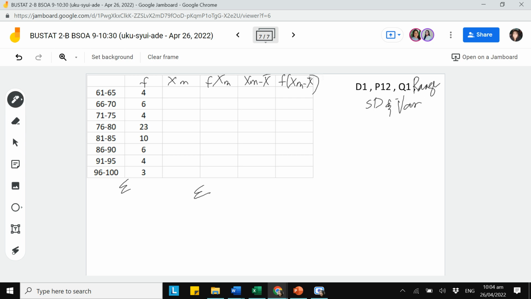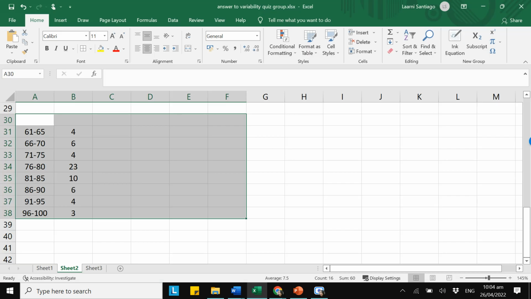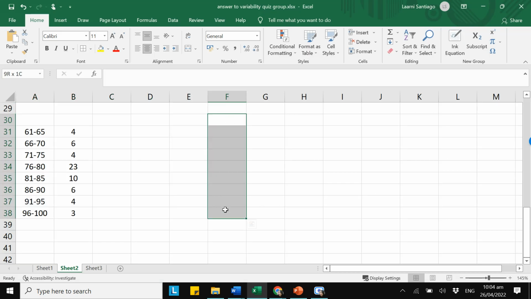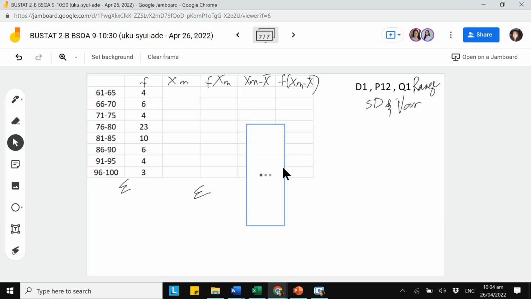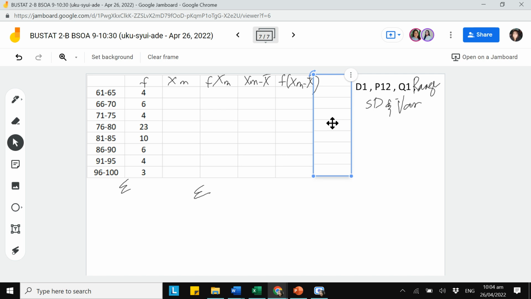Okay, so if you're going to add another column for cumulative frequency. Okay, so less than, so it's gonna be a less than cumulative frequency. Okay, sige, you have 30 minutes to solve for this one.